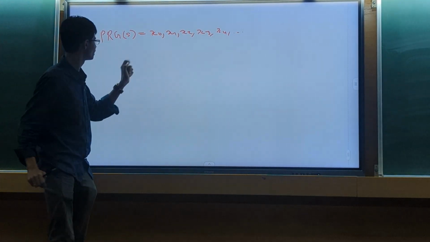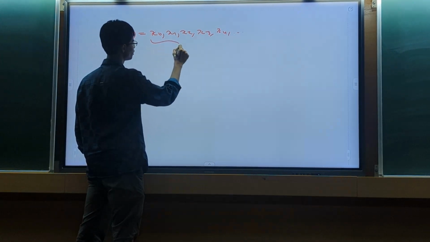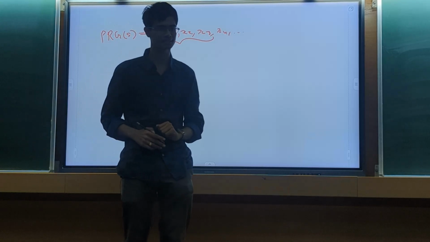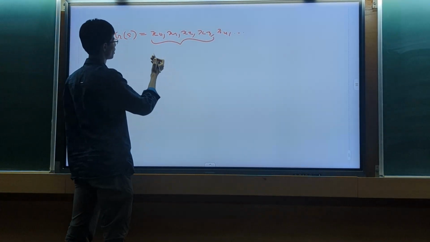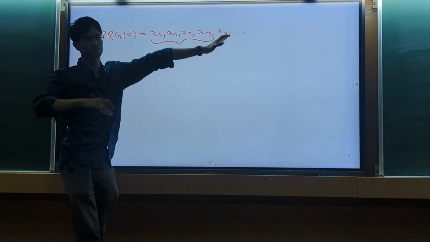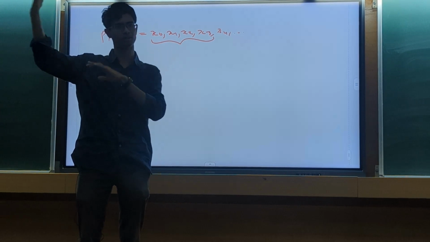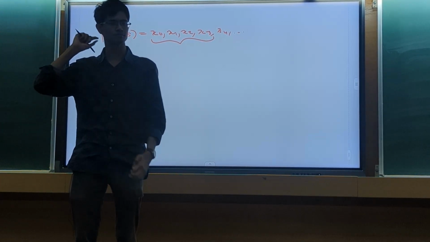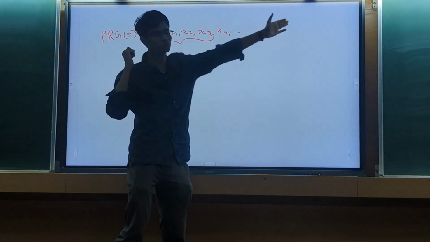But if I don't know S, each of these looks random to me, in the sense that even if I know some prefix of it, I should not be able to predict what the next number is going to be. In fact, we have a stronger requirement: if I know any subset of the output, I should not be able to figure out anything about the other parts. But if we have the full output, we can figure out S. Full output because it's infinite.